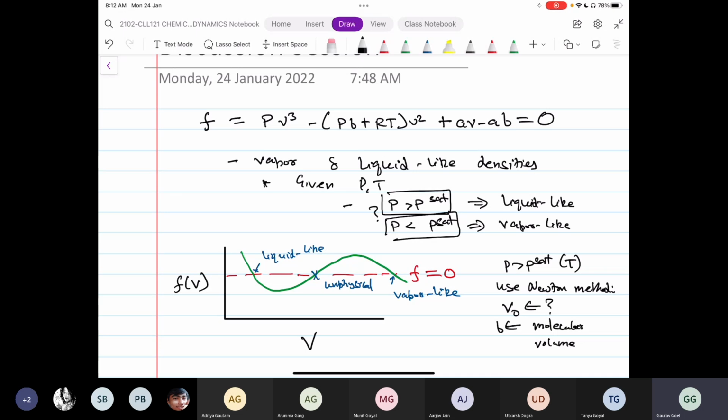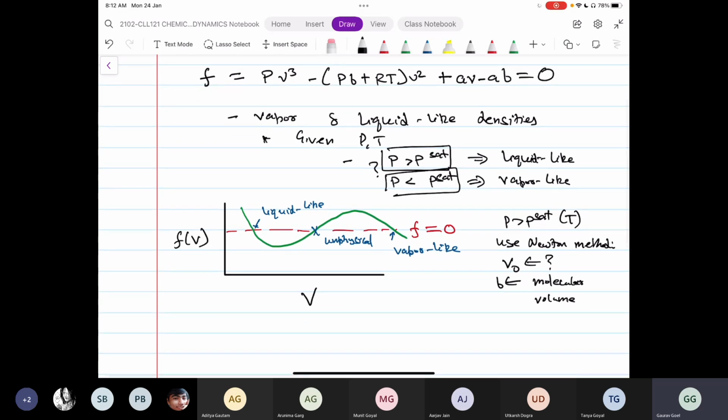So it's clear that the liquid density would be above B. Oh, sorry, the liquid specific volume will be more than B. Okay, the liquid cannot be denser than volume of one molecule. So as an initial guess in this case, I will take V equal to B and then I will use the Newton scheme to get to the final answer.